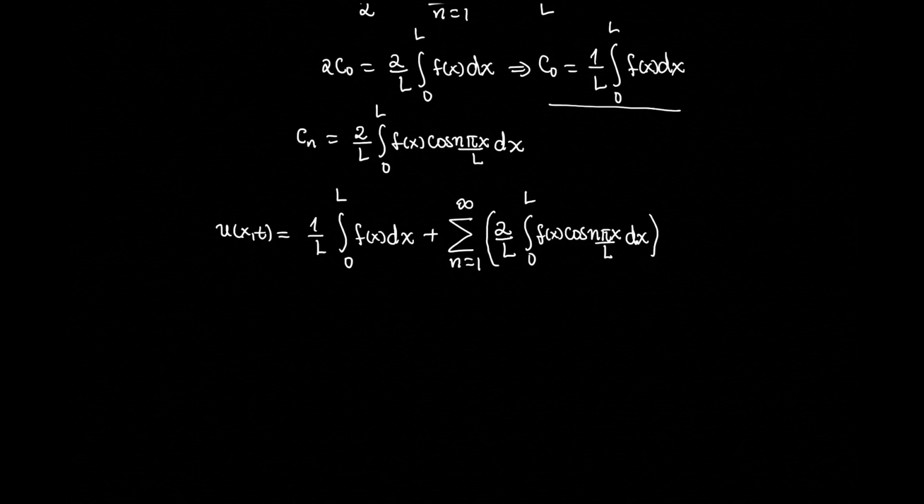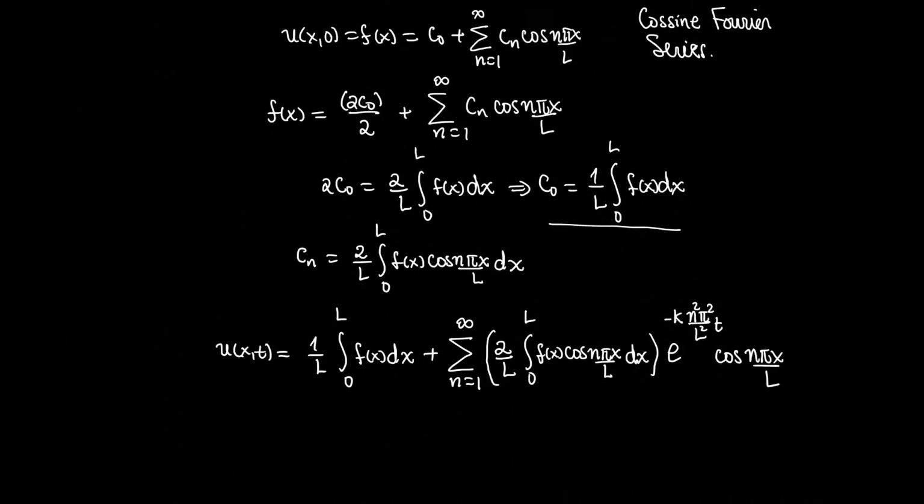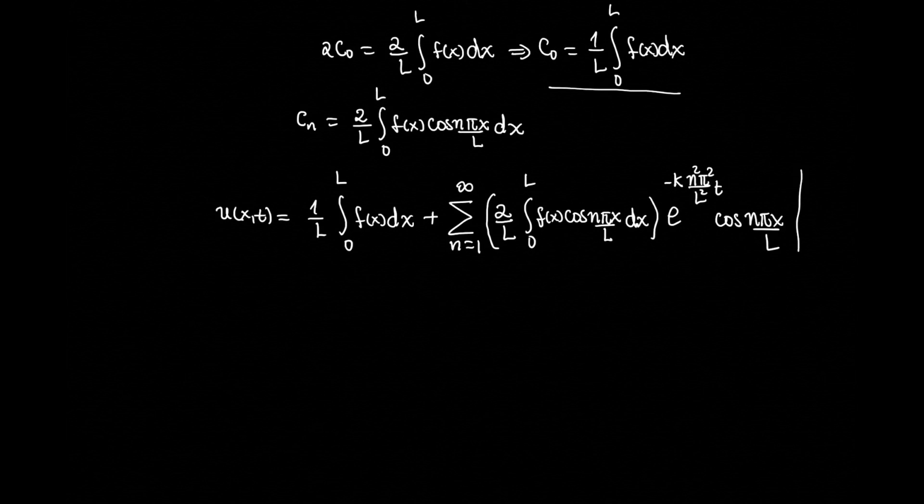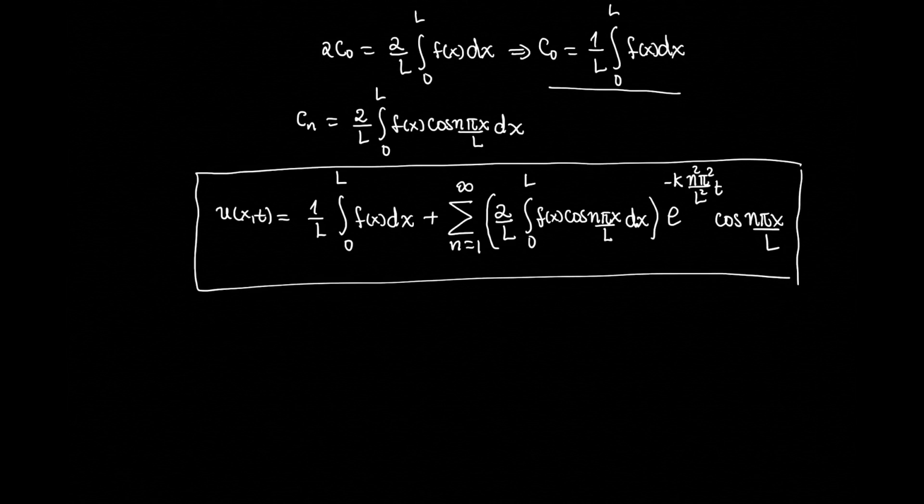That's your Cn. Then you have e^(minus k n squared pi squared over L squared times t), and then cos n pi x over L. So that's your solution. That's all.